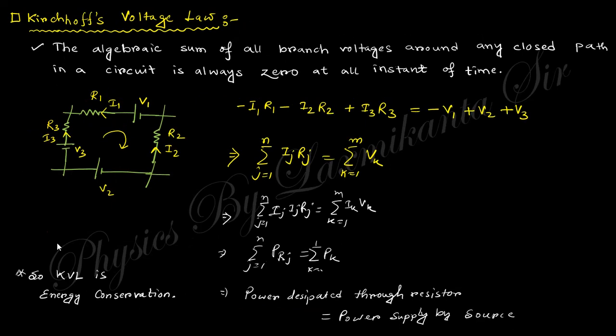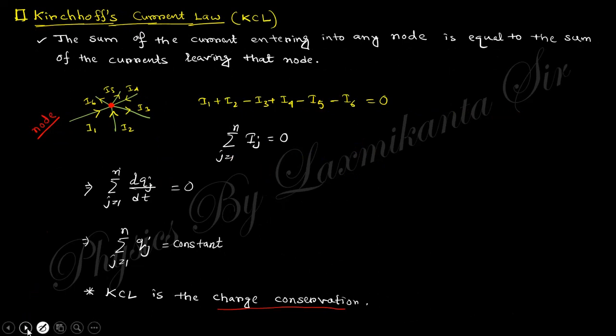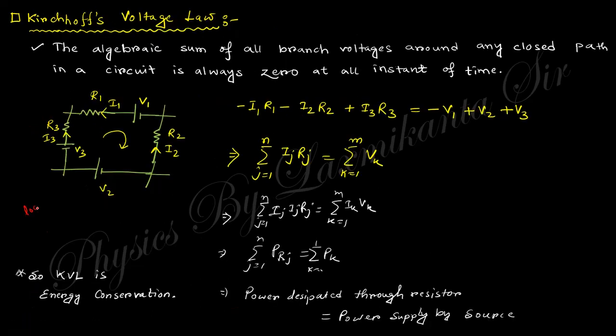Next portion is Kirchhoff's voltage law. If you take a loop in a linear network circuit, the total current into resistance within that loop must be equal to the total voltage source within that loop.